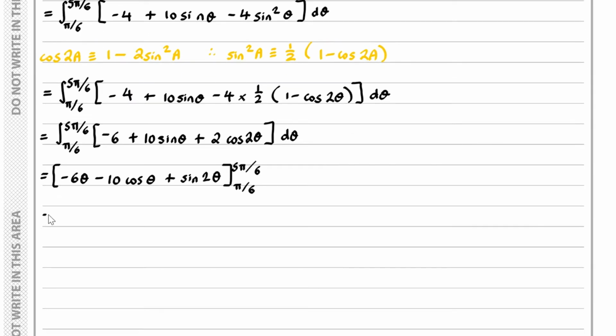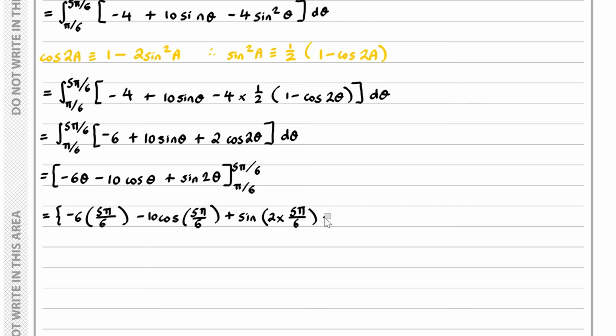So if we do that, if we substitute in for the upper bracket, we've got minus 6 lots of 5 pi over 6 minus 10 times by the cosine of 5 pi over 6 plus the sine of 2 times by 5 pi over 6.